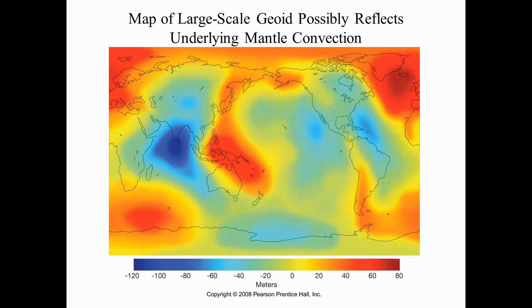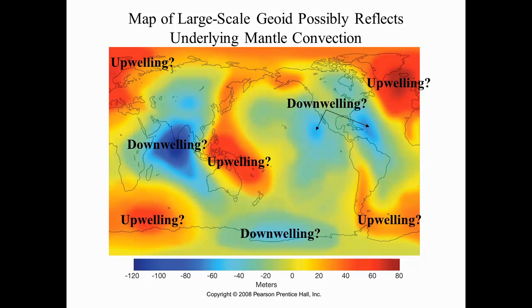And so by noting the colors in this overall map of large-scale geoid, we can make several interpretations. For example, the areas of oranges and reds are possibly places where we have ascending mantle convection cells rising from the core up towards the base of the lithosphere in regions of upwelling, or mantle upwelling. And conversely, the blues are places where mantle material is sinking down towards the core-mantle boundary. These are regions of downwelling.